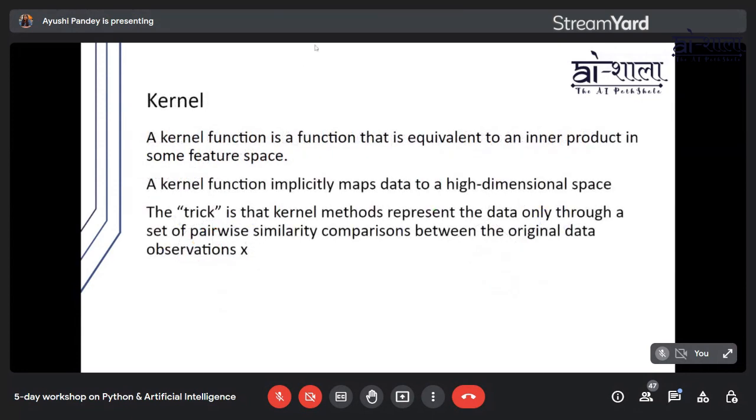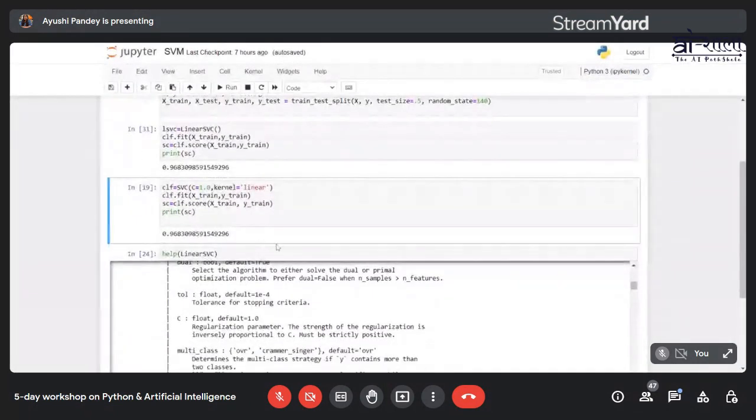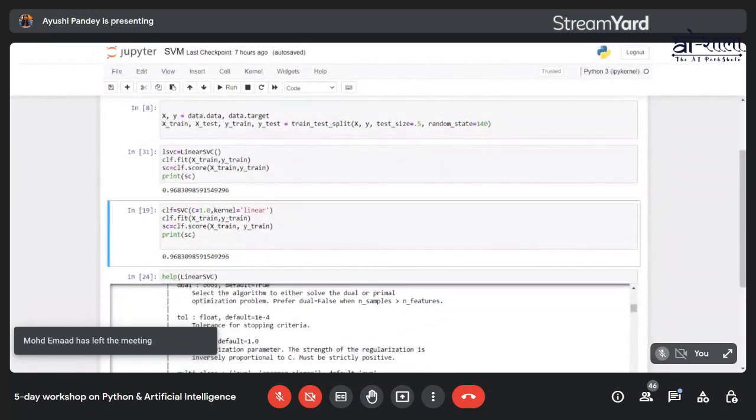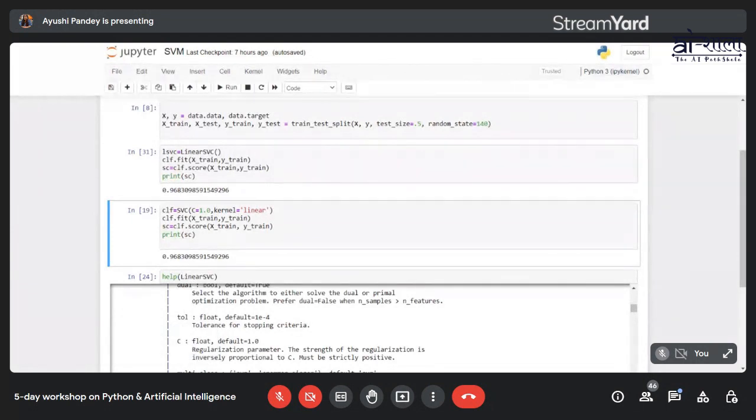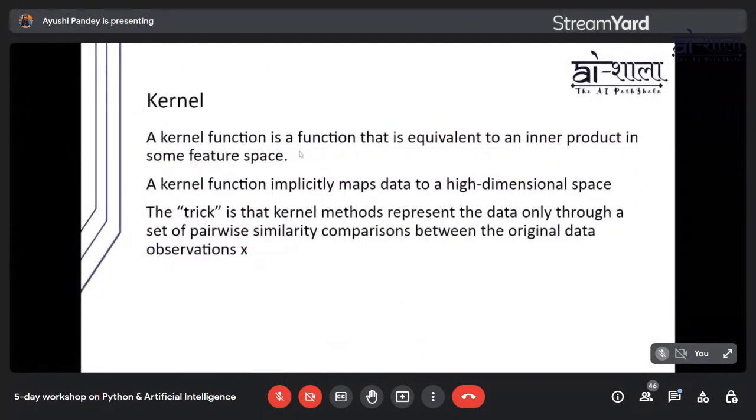Okay. Then we have a thing known as kernel. So okay, I'll show you this SVM again. So in the second one, you can see there is this kernel. So what exactly is a kernel?